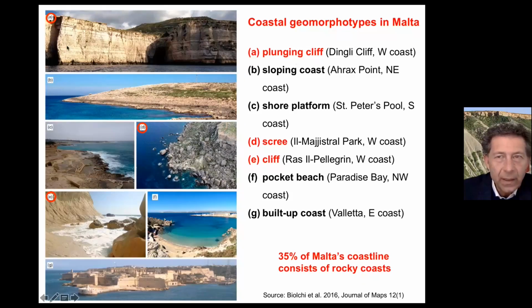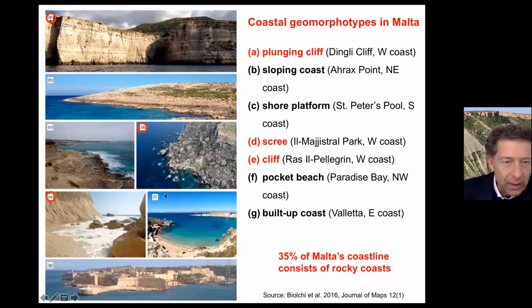Plunging cliffs, for example, this is the typical cliff that you can find in limestones in southwestern Malta. These screes that you can see are related to the presence of a limestone cap over less resistant formations.